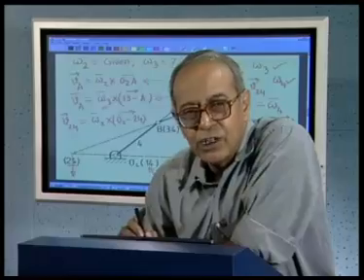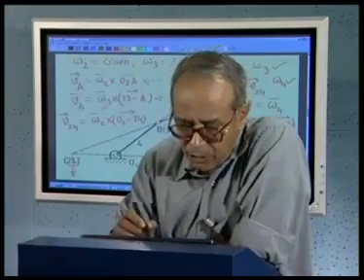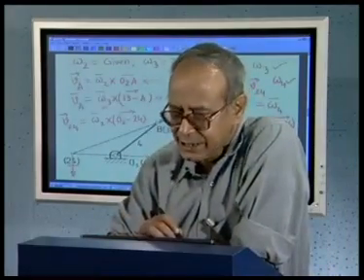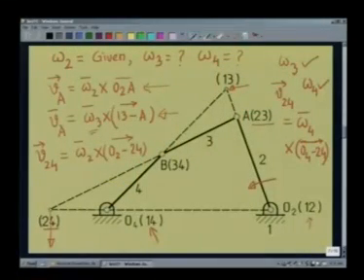If the input angular velocity is given, we obtain all the relative instantaneous centers and use them judiciously to determine all the unknown quantities. Suppose we are interested in finding the velocity of this particular point on link 3. We have already found omega 3, and link 3 is rotating about 1, 3.